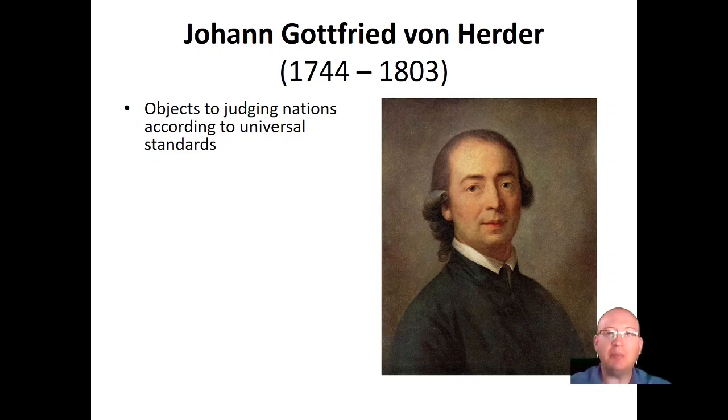If you're going to talk about them, you have to look within their culture and judge them by their own standards. We would call this a relativistic approach, known as historicism, where instead of trying to apply our understandings of universal values to judge other people, he would say we shouldn't do that. Right? We should try and understand people on their own terms.